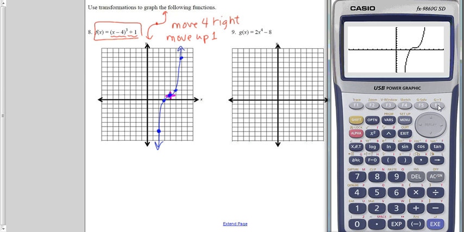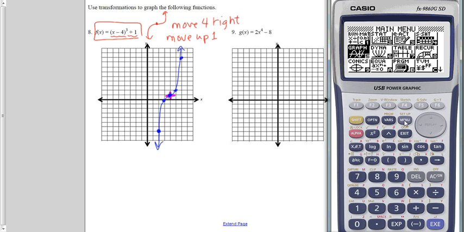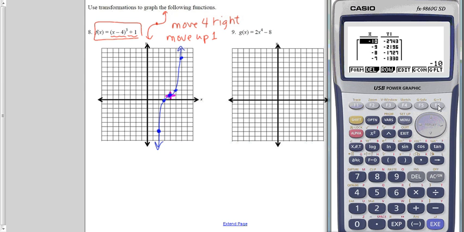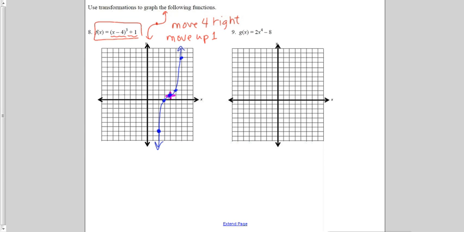If I want to get accurate points, I should probably go to my table menu instead and make the table. A lot of the points in the table are going to be much too big to plot. But if I scroll until I can get some nice single digit points, 2, -7. 2, -7 was this point right here. If I counted it out, that's 2 to the right and down 7.